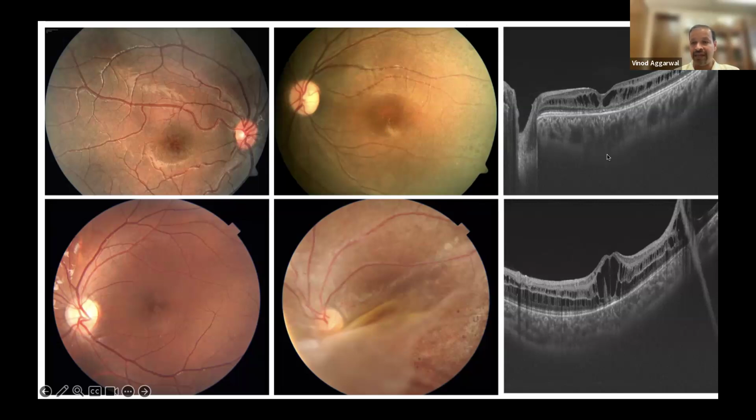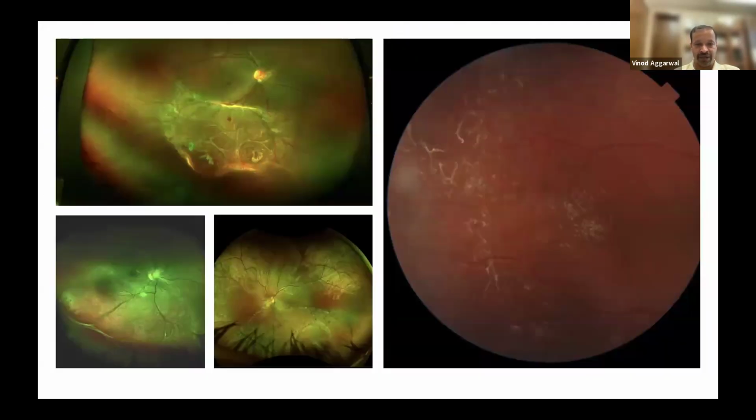On OCT, you see typical vertical pillars, which distinguish them from cystoid macular edema. If you have a wide field OCT, you can scan the inferotemporal area. Like here, you can see that there is a schisis which is separate from the macular schisis, and you can be sure that you are dealing with a patient of X-linked retinoschisis.